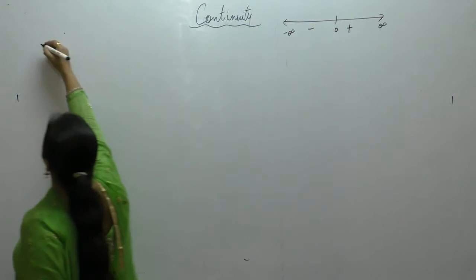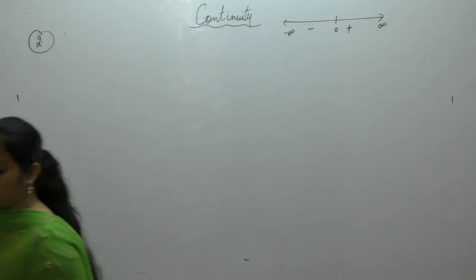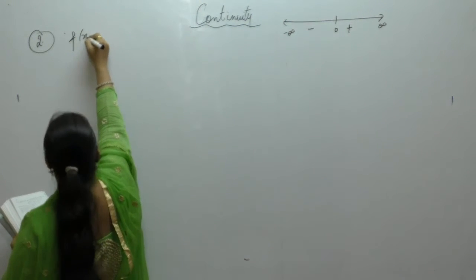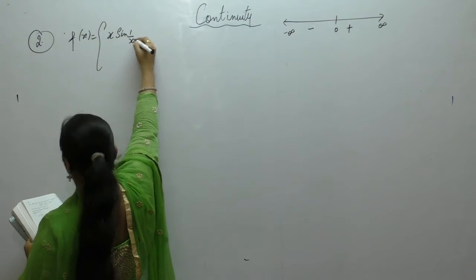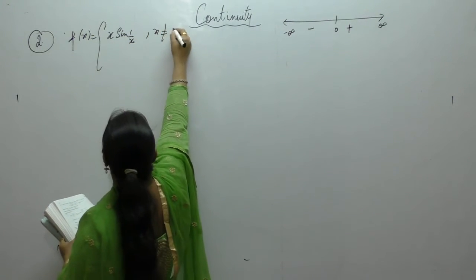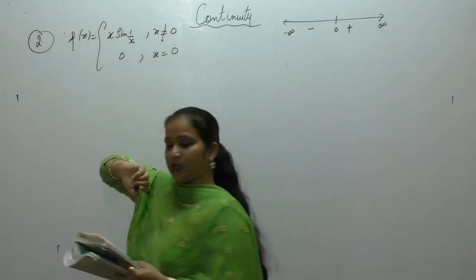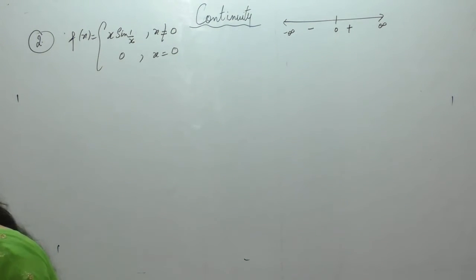Now next question. Show that the function f of x given by x sine 1 by x when x is not equal to 0, and 0 when x is equal to 0, is continuous at x equals 0.